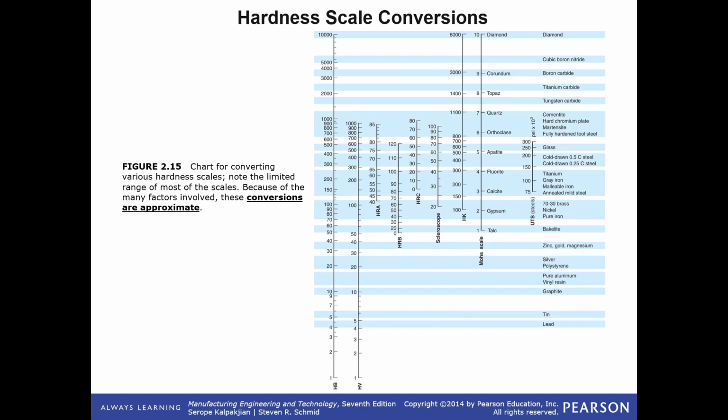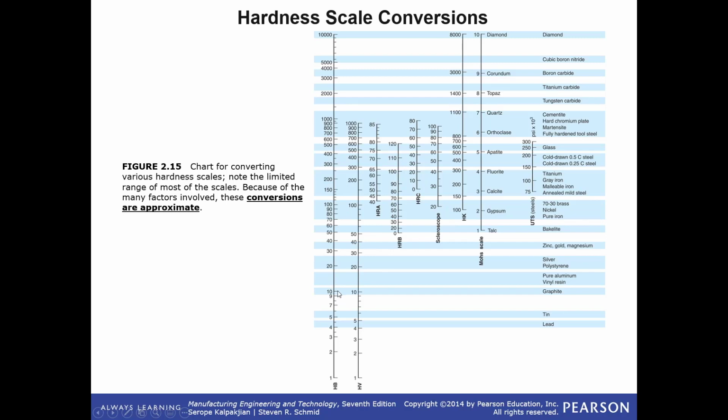It can be a little odd. Again, you can kind of see how it shifts weird. Like the Rockwell Hardness A scale goes from 40 to 85. HRB goes from 0 to 120. It jumps around a little bit, but they do correlate.